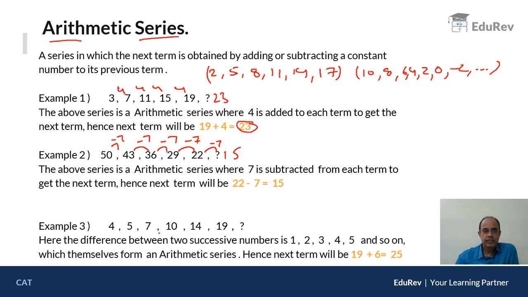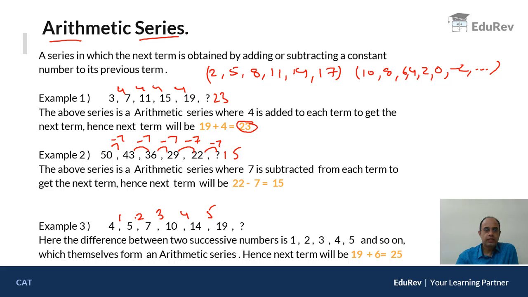Fine. Now, relatively different question. 4, 5, 7, 10, 14, 19. Now let us see the difference. Here the difference is 1. Here the difference is 2. Here the difference is 3. Here the difference is 4. Here the difference is 5. That means the difference itself is in AP series. Fine. And what is that AP series?